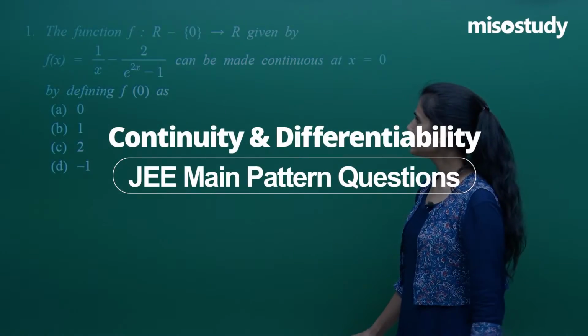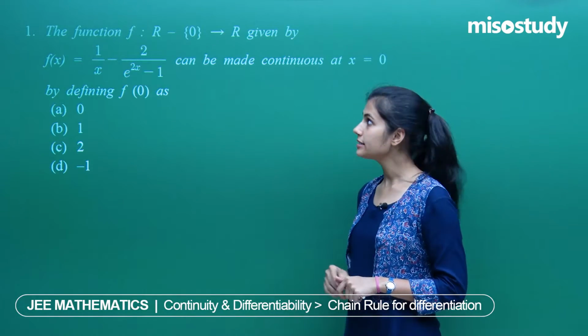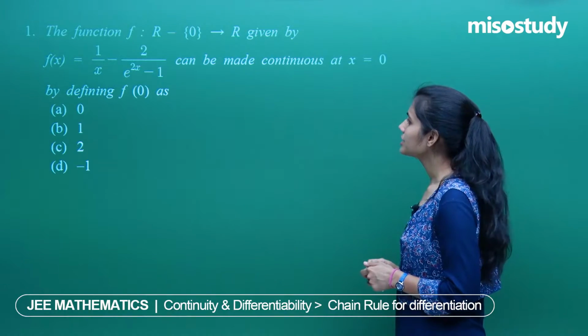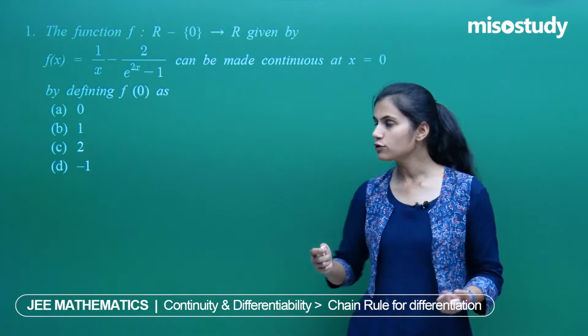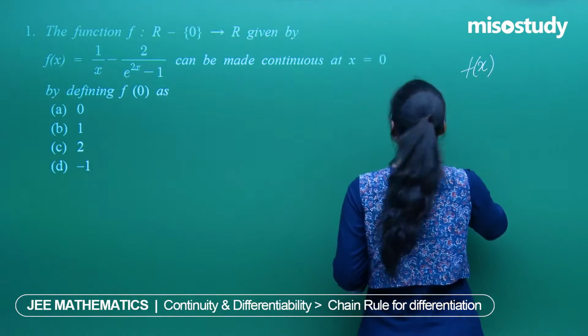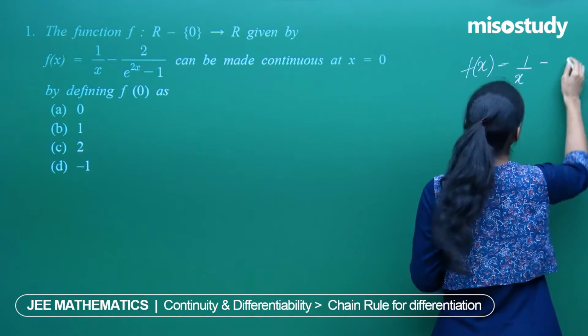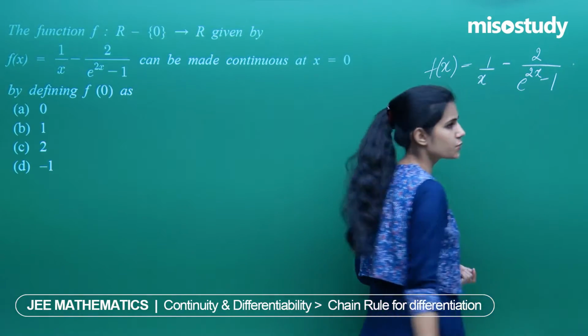The first question says that the function is defined from the collection of all reals minus the singleton 0 to the collection of all reals, like this. This function can be made continuous at x equals 0 by defining f of 0 as what? So basically, f(x) is given to you as 1 upon x minus 2 upon e to the power 2x minus 1.